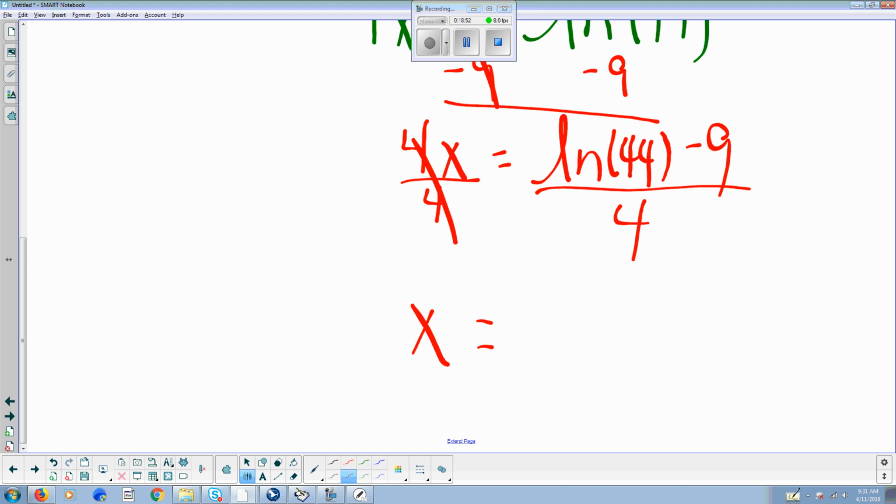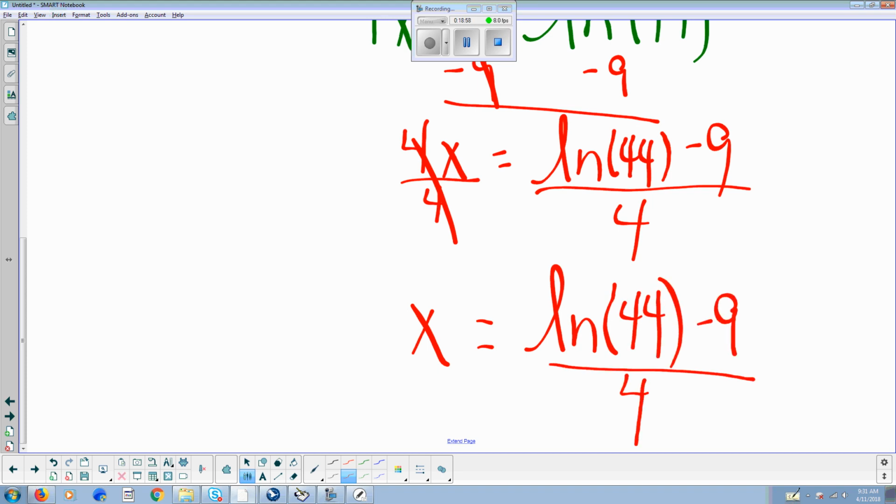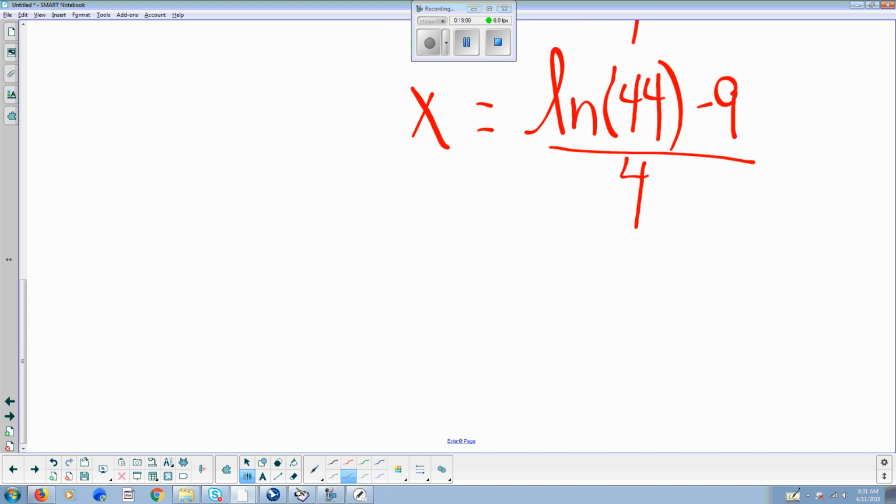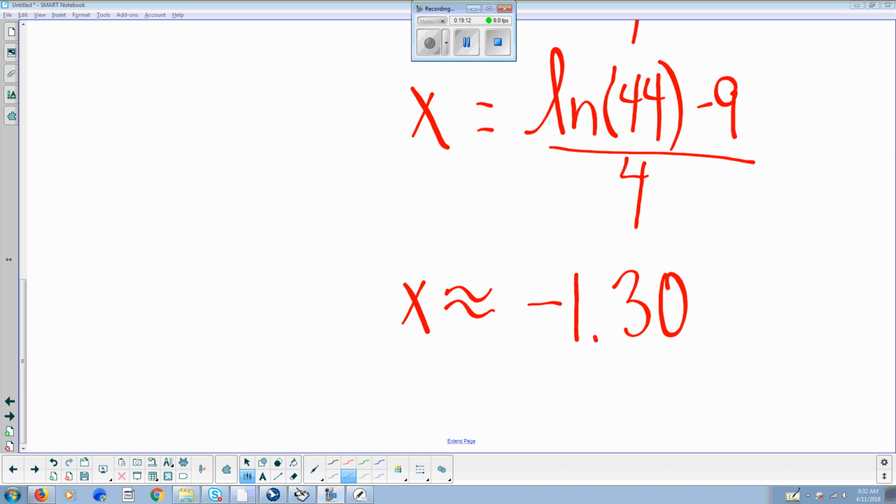So here's the exact answer: ln of 44 minus 9, divided by 4. The approximated answer, you're going to type that into your calculator and round it. And it says to 2 decimal places. So take a minute and type that in the calculator. So our approximate answer is negative 1.30.